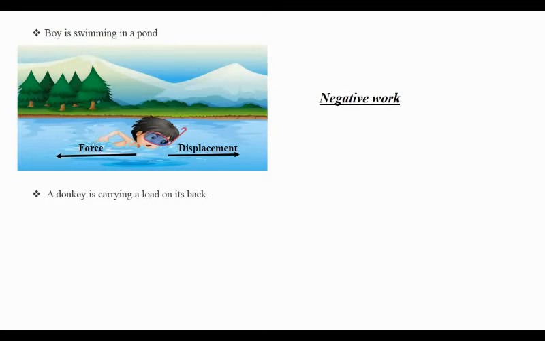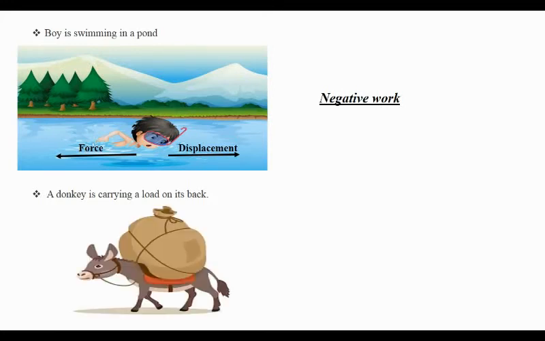Another example: a donkey is carrying a heavy load on its back. In that case, the load applies a downward force on the donkey's back, like this. The force applied is in the downward direction and the displacement occurs in the forward direction.